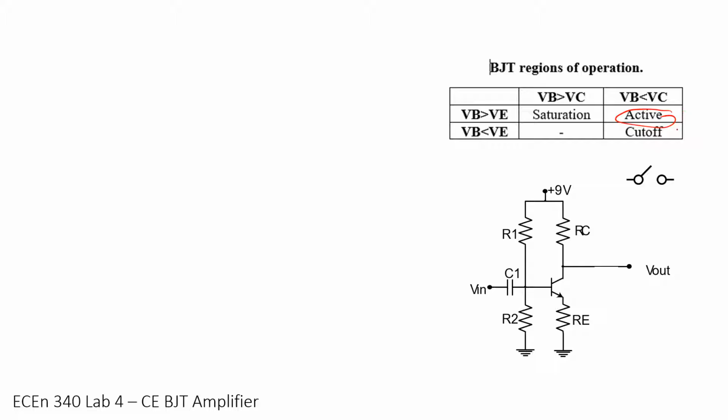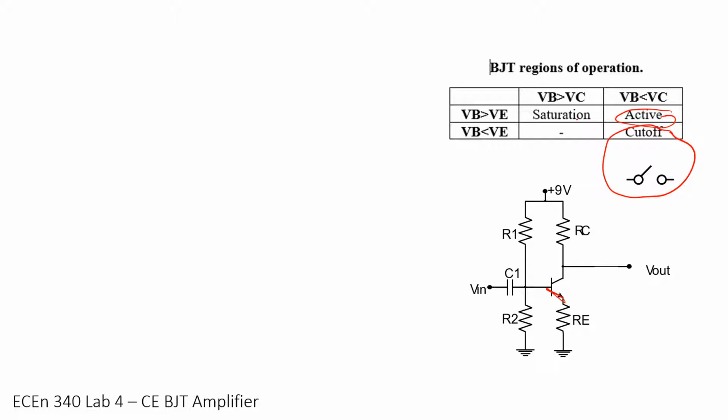If we are in the cutoff mode, then our VB is not high enough. We need to have a voltage drop from here to here to turn it on, and if that's too low, we're in cutoff, there's no current flowing, and we're just like an open switch. These two terminals are like an open switch, and that's not a very good amplifier. It would just be sitting here at 9 volts because no current is flowing.